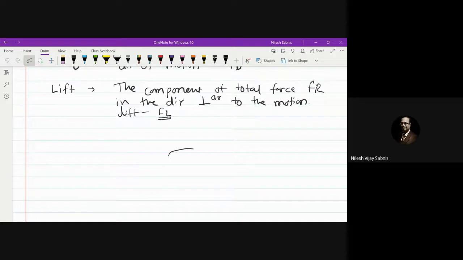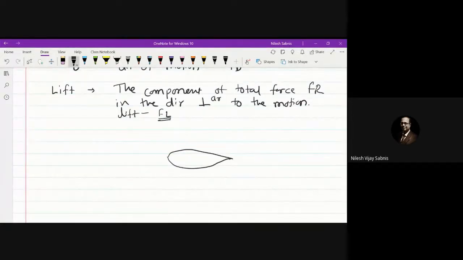Suppose this is the solid body and it is in the direction of flow, then there will not be a lift force. Only drag force in the direction of flow will occur. Means to have lift force, the axis of the body should be inclined to the direction of fluid flow. This important point you should remember.